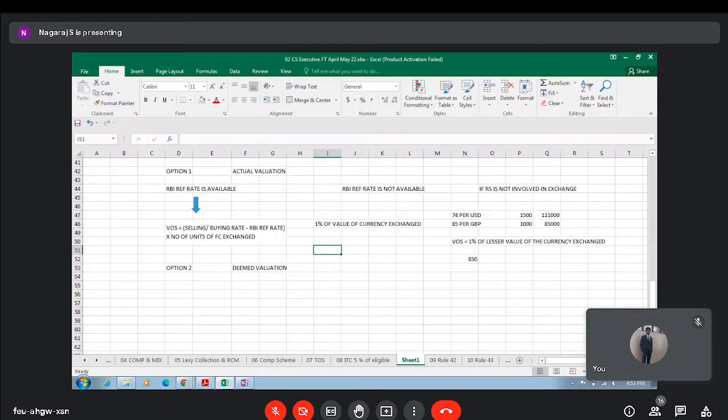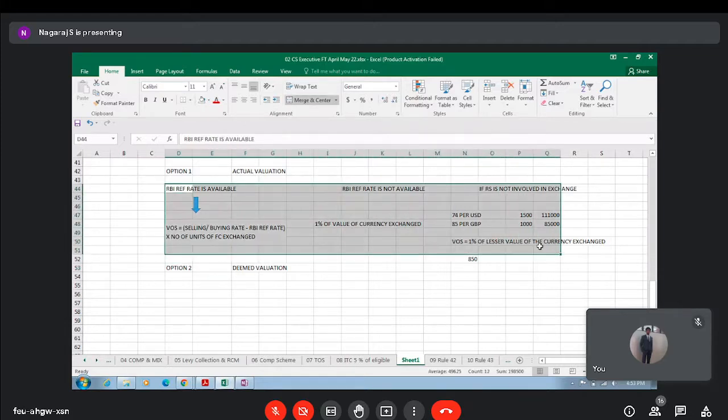Okay, deemed valuation. This is the actual valuation. Option 2 is the deemed valuation or ad hoc valuation. They will specify option 1 or option 2. If they say option 1, you have to apply any one of these.